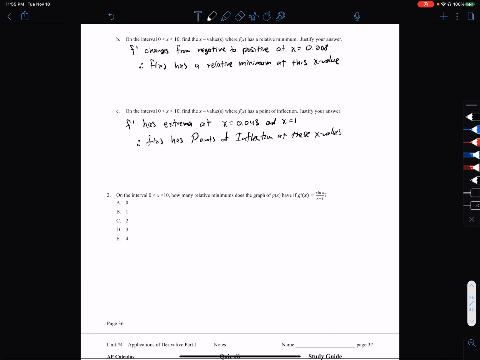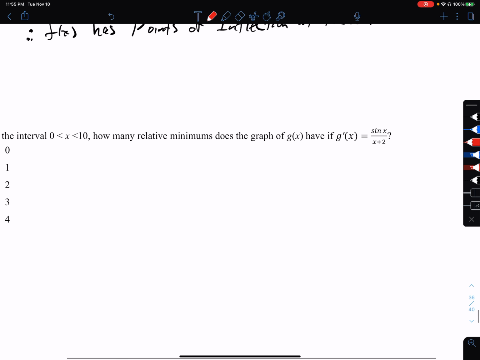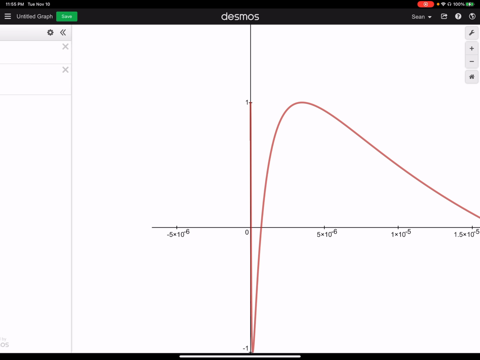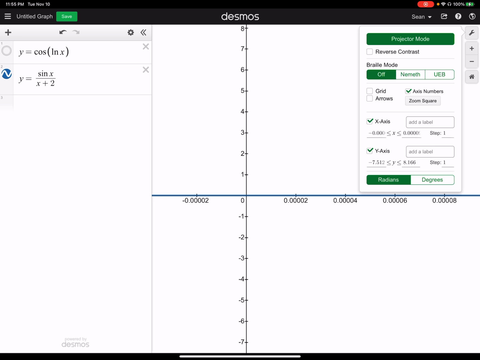Number 2, separate question. On the interval from 0 to 10, it's a different function. How many relative minimums will the function g prime have? Let's make sure that we're clear when this is going to happen. This is going to happen, relative minimums, when g prime is equal to 0. So let's check out our graph of this, which I think I have loaded. I need to change my window back to something reasonable.